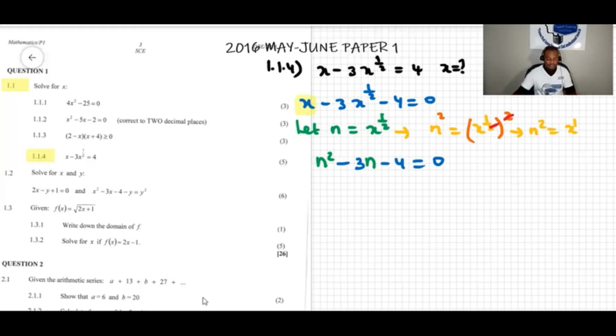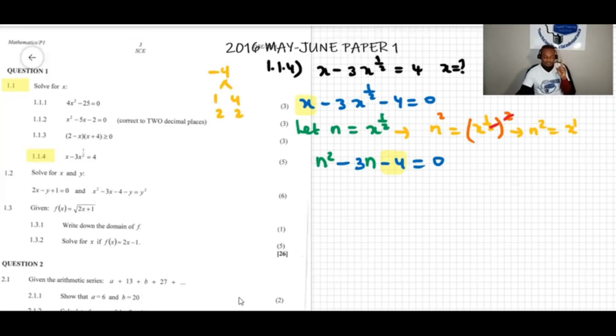So what I can do then, I will consider the last term first, which is negative 4. Now I list all the factors of 4. They are 1 and 4, 2 and 2. Now I will look at the list of the factors of 4.